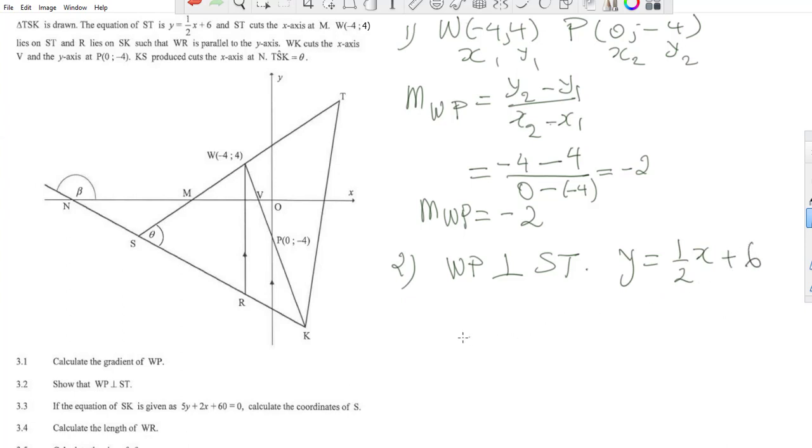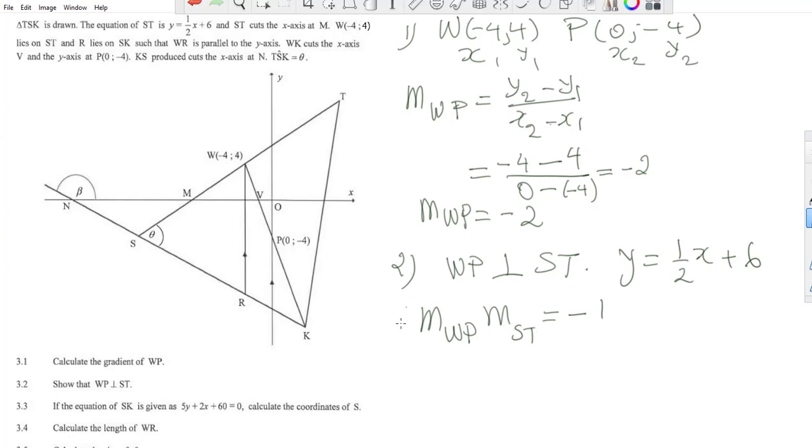Now, to show that the two lines are perpendicular, it means what? When you have the gradient of WP and the gradient of ST, when you multiply them, the answer should be minus 1. For two perpendicular lines, the product of their gradients is equal to minus 1.